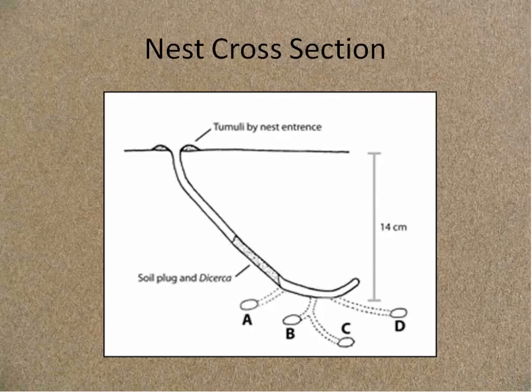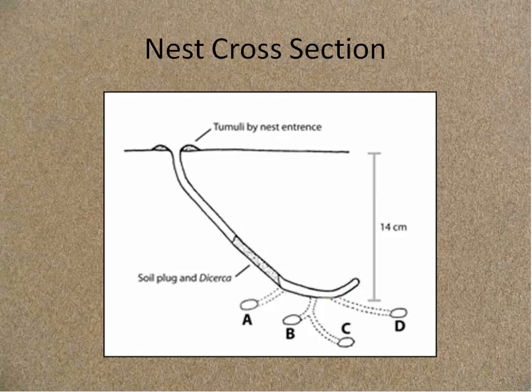Taking a little cross-section of the nest, we see that this nest does start by going straight down, and then will begin to slant a little bit. What's important to note here are these little circles, A, B, C, and D. These are wasp cells.